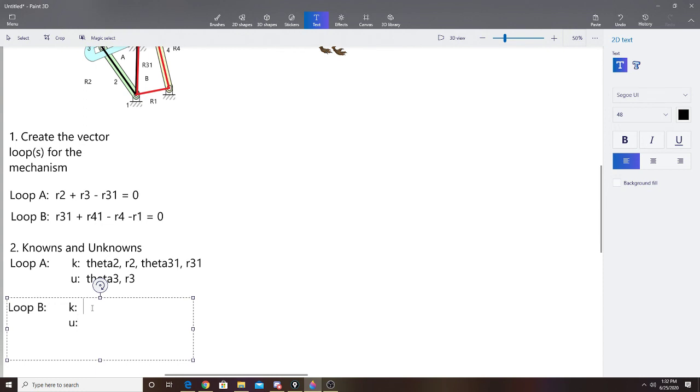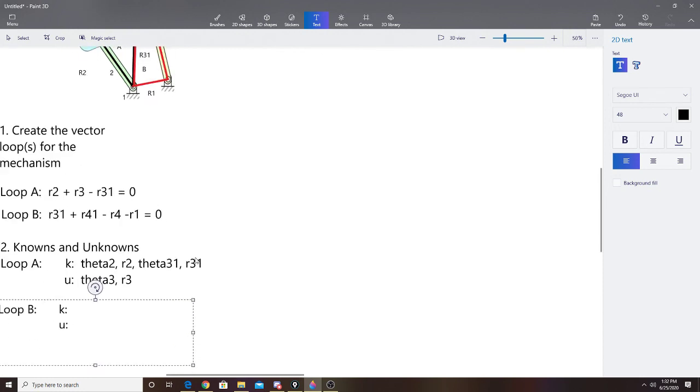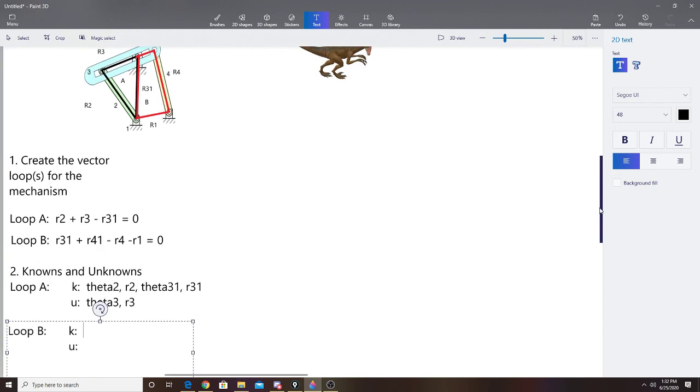So let's start with the first one. So let me go back up a little bit. So we start with R3-1, R4-1, R4, and R1. So does R3-1 change angle, or I guess anything else? Theta 3-1, R3-1.